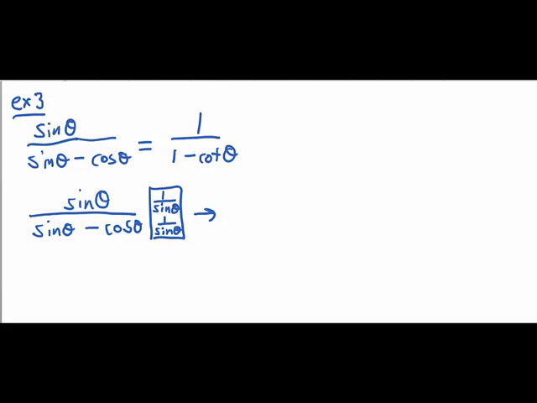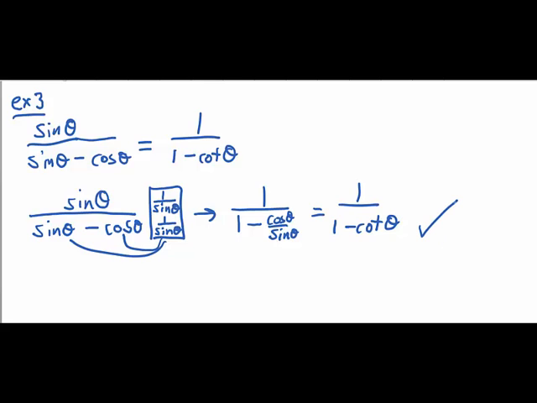So sine times 1 over sine is 1, and sine times 1 over sine, because this is going to be some distribution here, is going to be 1, and then the minus cosine over sine is happily what we need for this problem, because what we have is now 1 over 1 minus cotangent theta. All right, and that is that answer right there.